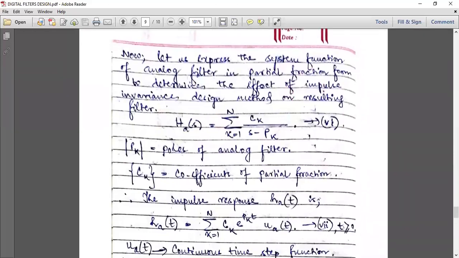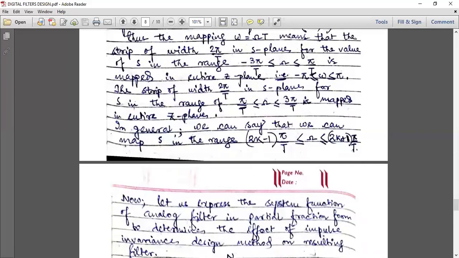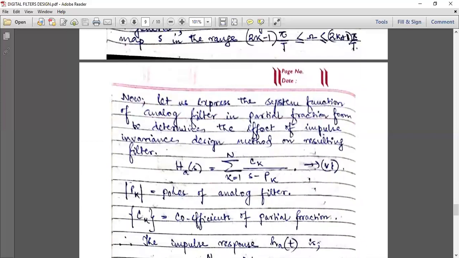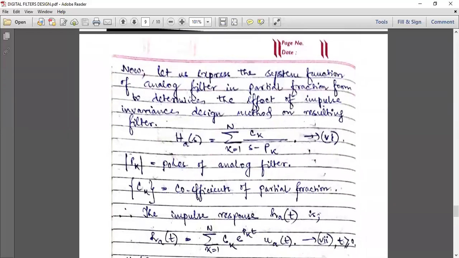So now, before coming to the note, again, listen a bit. This (2k minus 1) into pi by t less than or equal to ohm less than or equal to (2k plus 1) into pi by t, what does it indicate? It shows that the mapping from the analog frequency ohm to the digital frequency omega is many to 1.